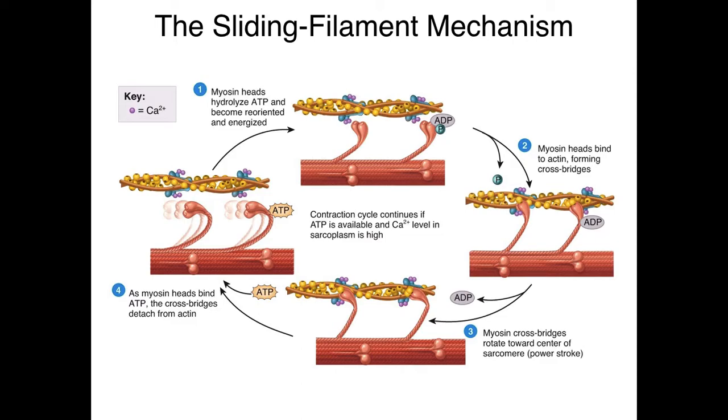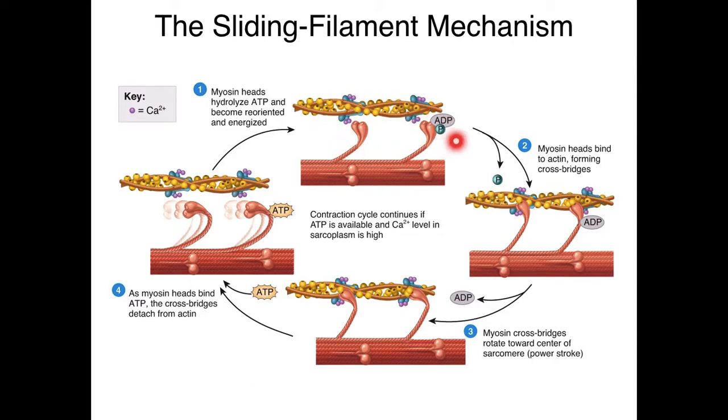So in this state, calcium is around, and you can see calcium here has bound to the troponin, and the troponin has moved these tropomyosins out of the way, and that has exposed the handholds. And the handholds are these little black dots that you see on the yellow circles, right? So this actin is ready to be grabbed.